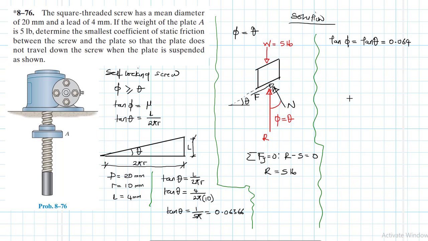And we know that therefore tan theta is equal to 0.064, and tan phi is equal to mu. Therefore the minimum mu is equal to 0.064. That's rounding it off.